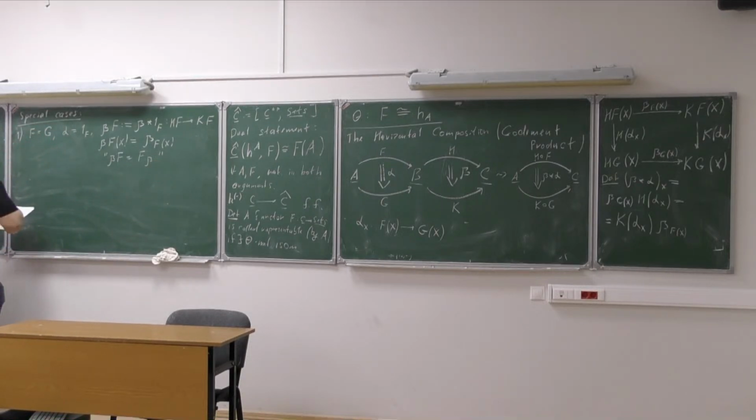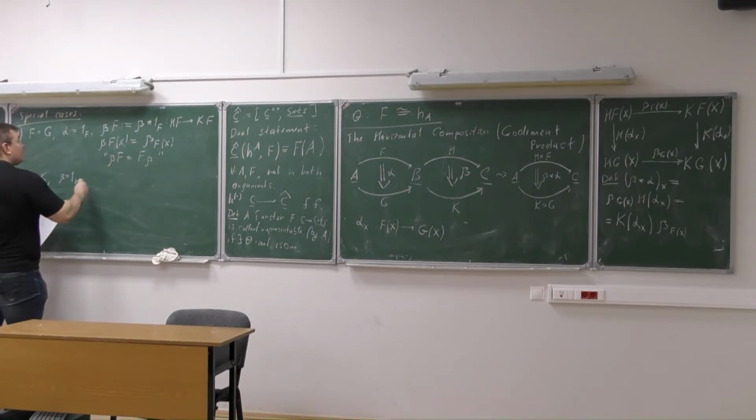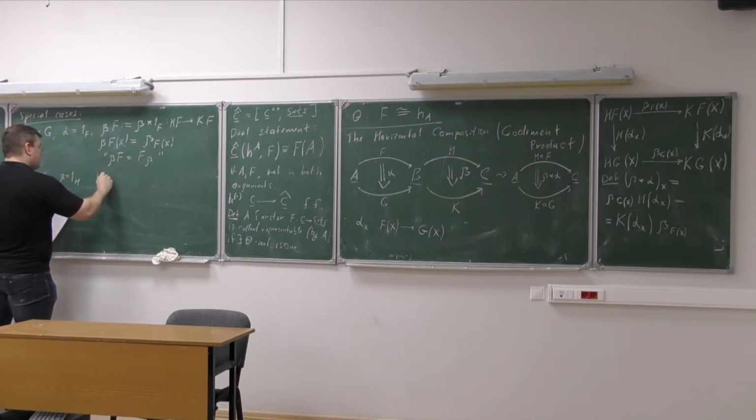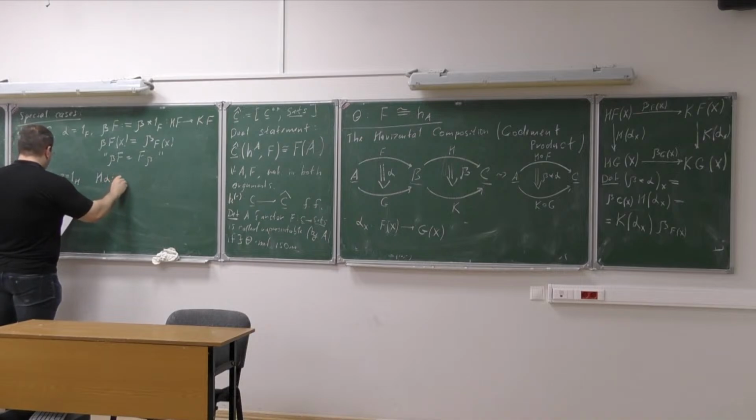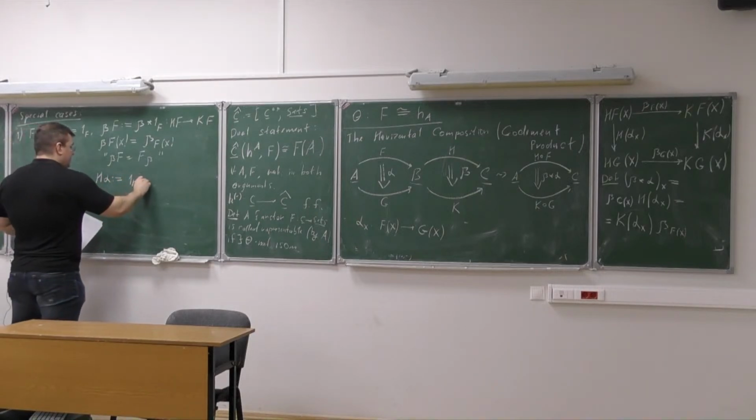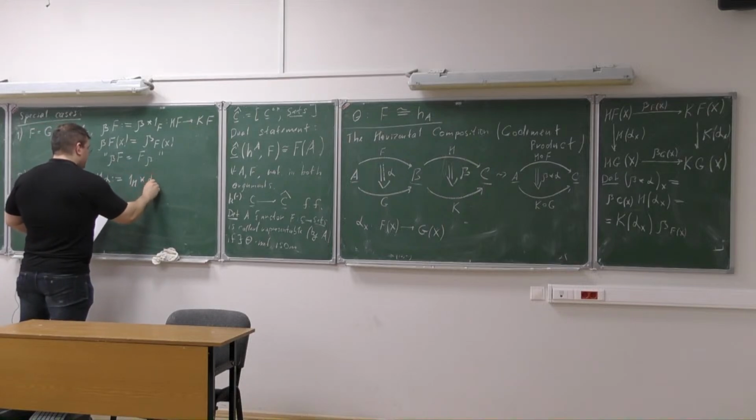So this is one special case, and of course you can do the corresponding special case where you take h to be equal to k and beta in this case to be just the identity natural transformation for the functor h, and then we will get the composition in the other order. So h composed with alpha will be by definition the identity natural transformation for the functor h, horizontal product with the natural transformation alpha.